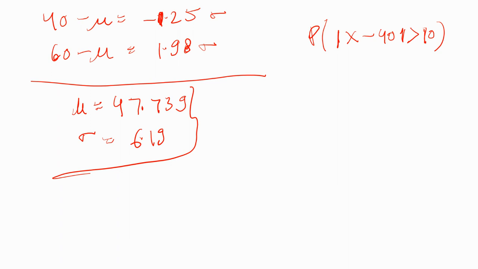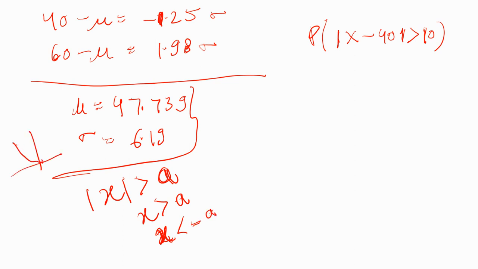So when mod x will be greater than a, it means x is greater than a or x is less than minus a. Because mod x graph is like this. So for greater than a, it will be either this way or this way.